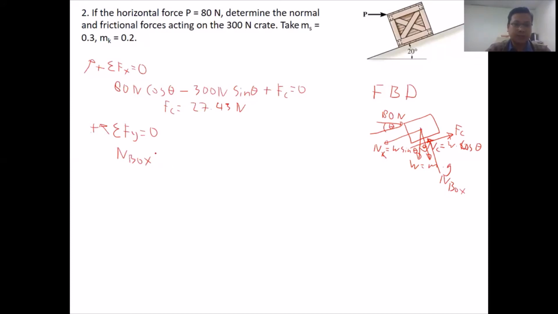Okay, we have the box here, the positive way, and then we have 300 Newton cos theta here, and then negative 80 sine theta equal to 0.